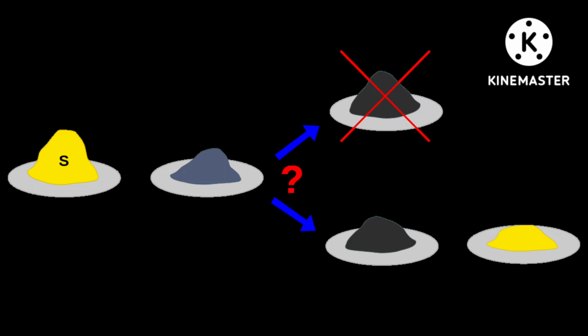Now, one example I am giving you. Suppose nitrogen and hydrogen are reacting and giving the product ammonia. N2 plus 3H2 gives 2NH3. Nitrogen and hydrogen react in a fixed ratio: 1 mole of N2 and 3 moles of hydrogen.